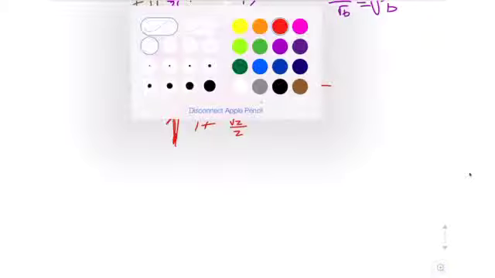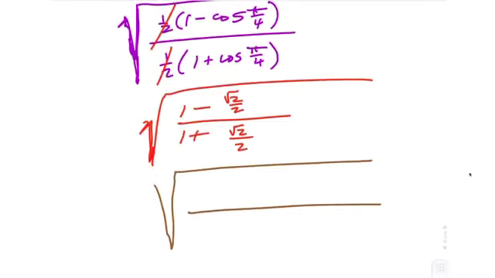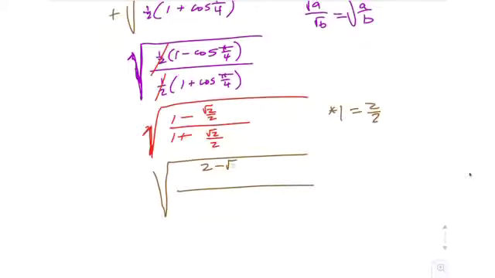There's no 1/2 to distribute, but you could still get a common denominator, which is 2. So call 1 2 over 2, and you get 2 minus the square root of 2 over 2, and on the bottom you get 2 plus the square root of 2 over 2. And again, this outside square root goes all the way down to the bottom there.